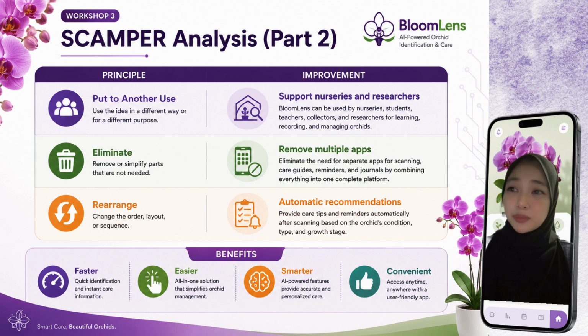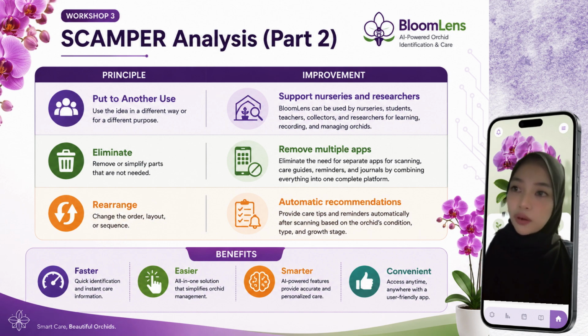What does it mean by put to another use? It makes Bloomlens available for download by orchid nurseries, collectors, students, teachers and researchers. The outcome will reach a larger audience, be more useful for students and researchers, and can help generate profit.